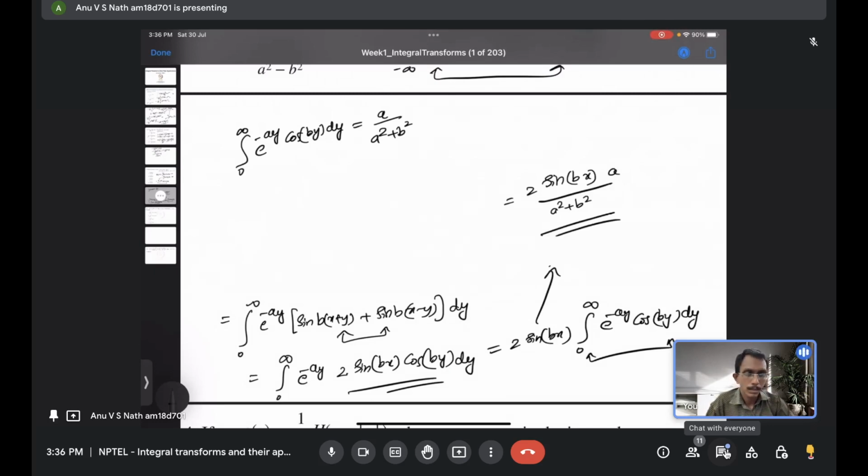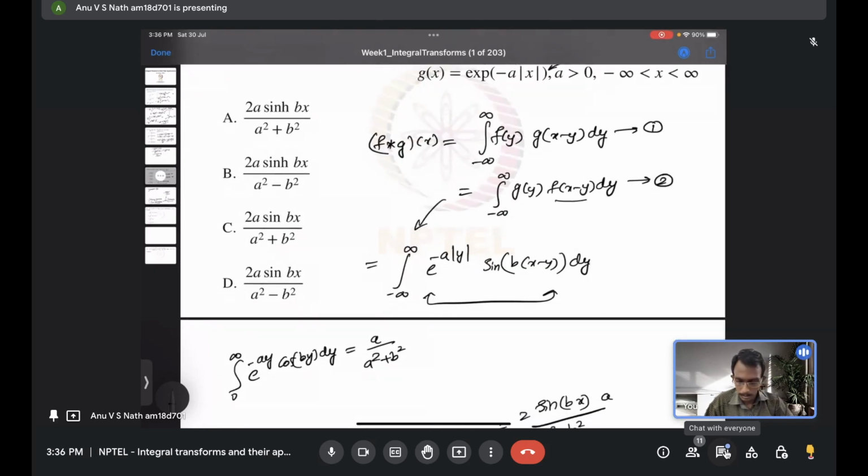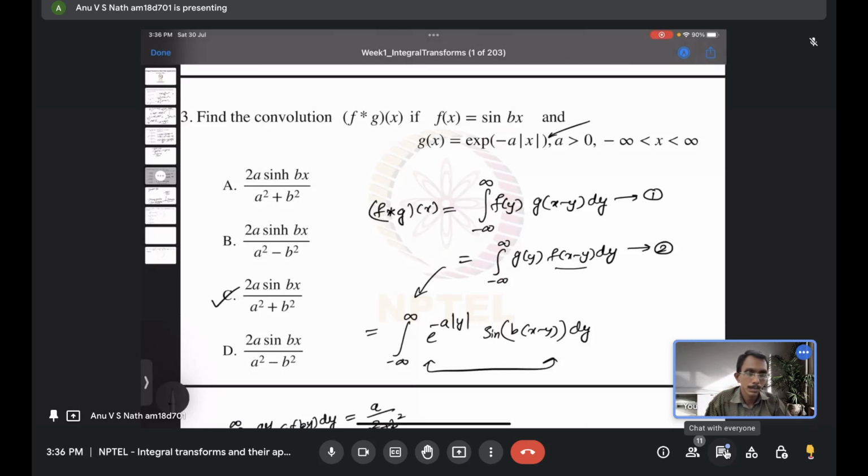So that's the solution, which is basically option C, I think. Yes, option C is the answer for the convolution of f and g. So any doubt in this?